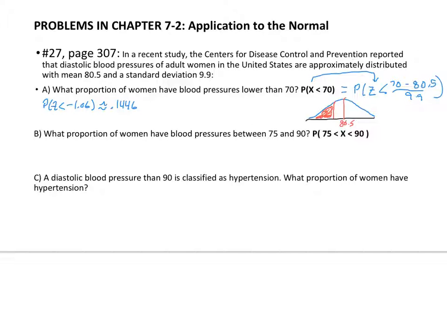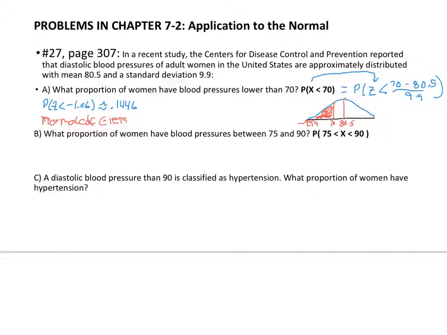Now, the other option is we can use our calculator. In our calculator, under second vars, it's normal CDF, and we go to the lower bound, which in this case is going to be negative 1 E99.